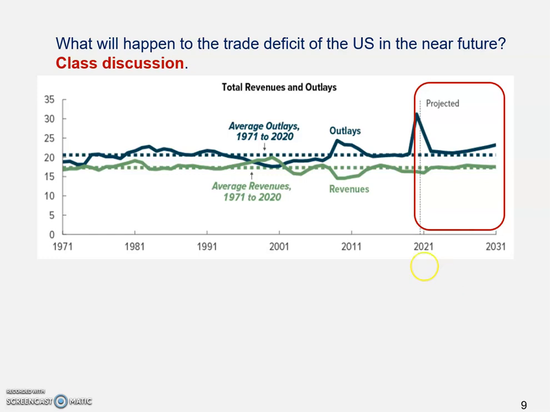Now, I want to raise this question: what will happen to the trade deficit of the United States in the near future, based upon what you see here about the government revenue and outlays? Bring your thoughts to class, and we can discuss these.